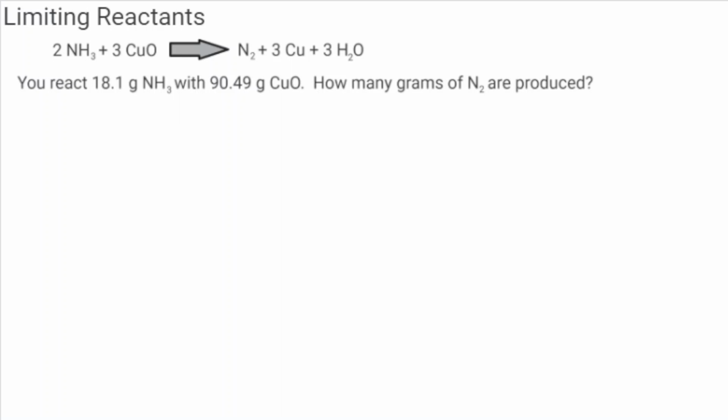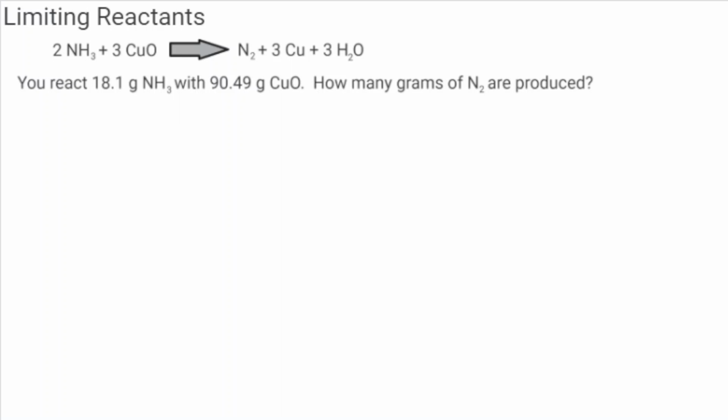If you ever see 2 quantities given for, say, your reactants or your products, this should cue you in that this is going to be a limiting reagent or limiting reactant problem. And this is very much like the real world, because normally we will always react 2 sets of things together. So this is where you can go back and double check how much you could get out of this reaction.